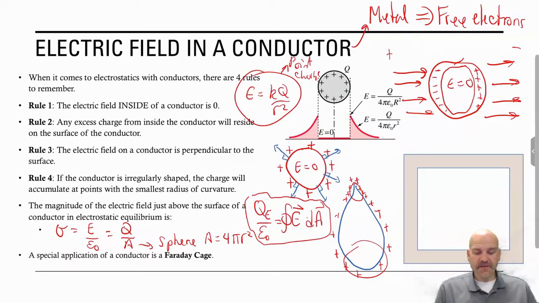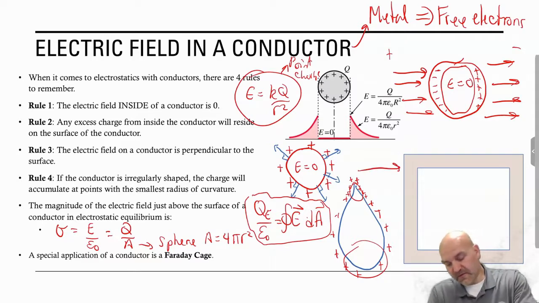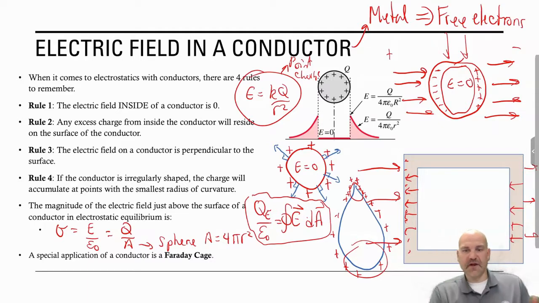And then a special application of using conductors and E fields is the Faraday cage. If this is a conducting material and I put it in an E field, the charges are going to align in such a way that there's a counter E field inside the conductor that opposes what's trying to pass through it, and it's going to cancel.